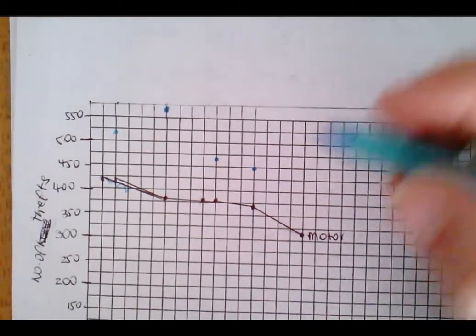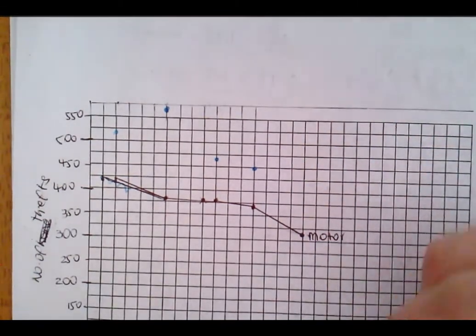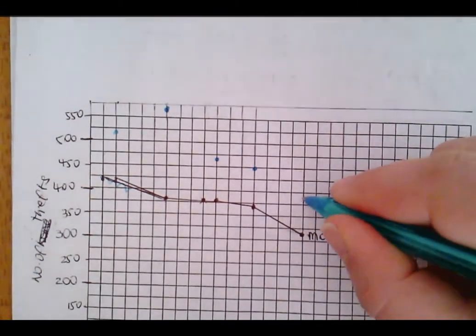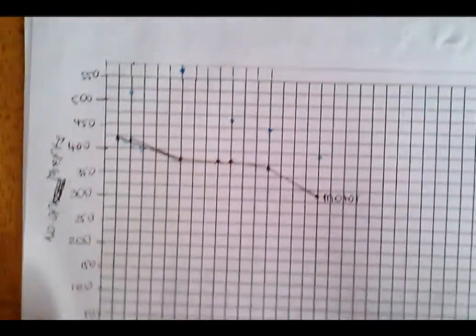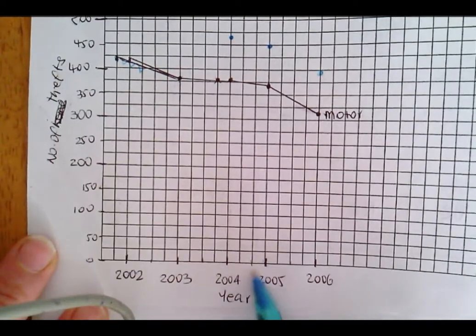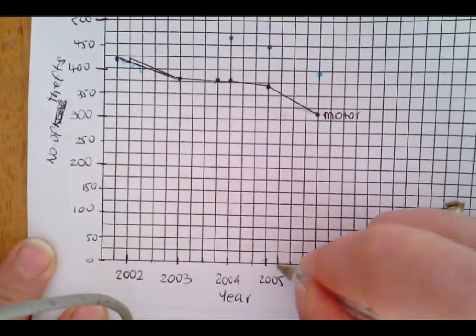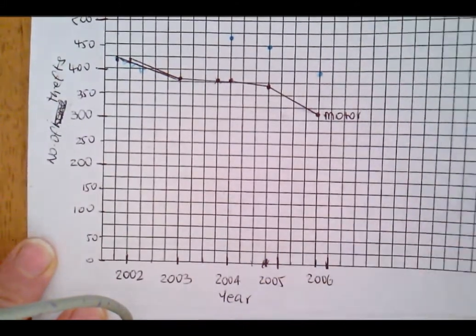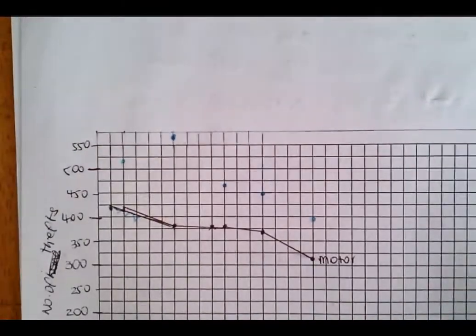I think I haven't counted correctly there, a bit disastrous. And 397 would be just below the 400. Looks like I haven't counted my scale very well here. I've done 3 instead of 4, sorry. So that's 2005, 2006 should be there. Anyway, won't worry about it.